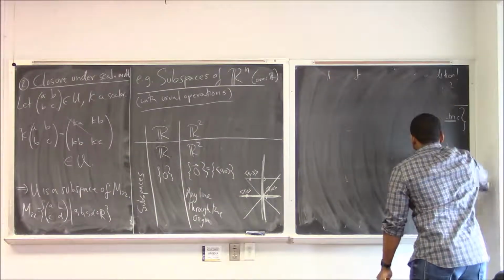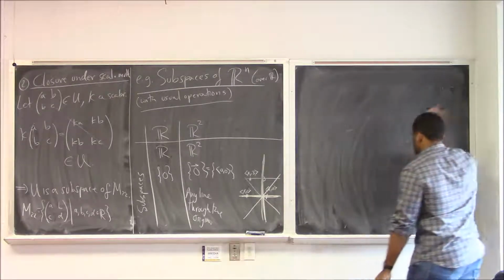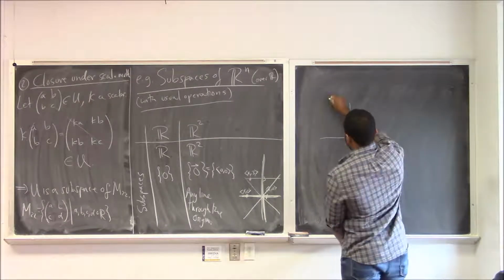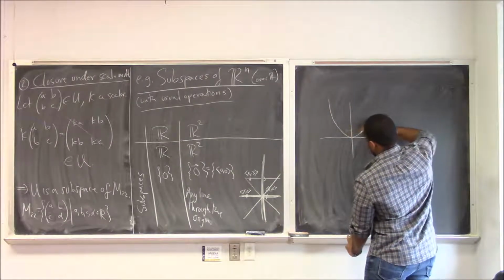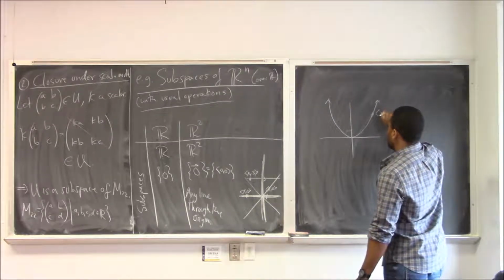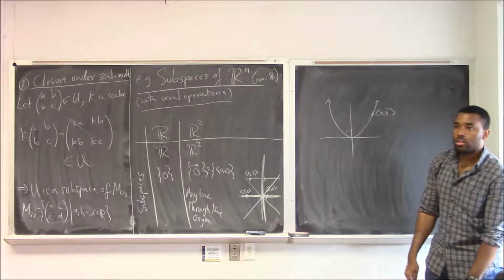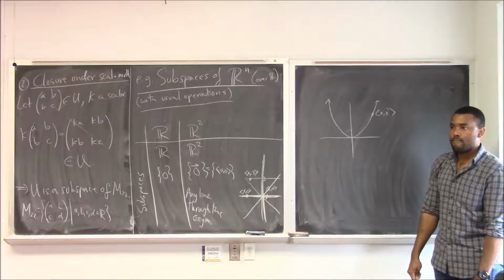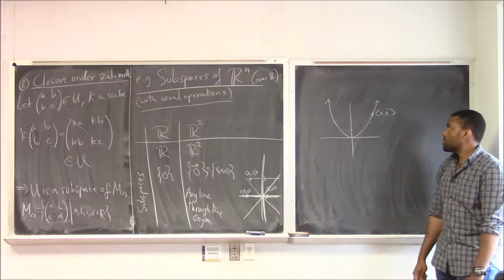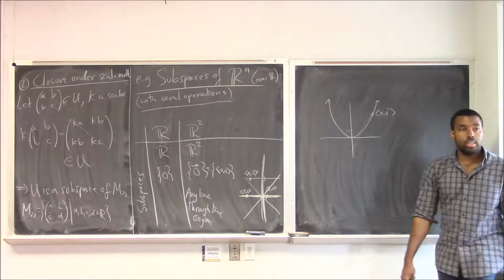Now, is there any other class? What about other kinds of objects that pass through the origin? What about looking at a parabola? That contains the zero vector, looking at all points that look like x comma x squared. Is it a vector space? Multiplying by a scalar won't guarantee the square, right? And also addition doesn't work either.